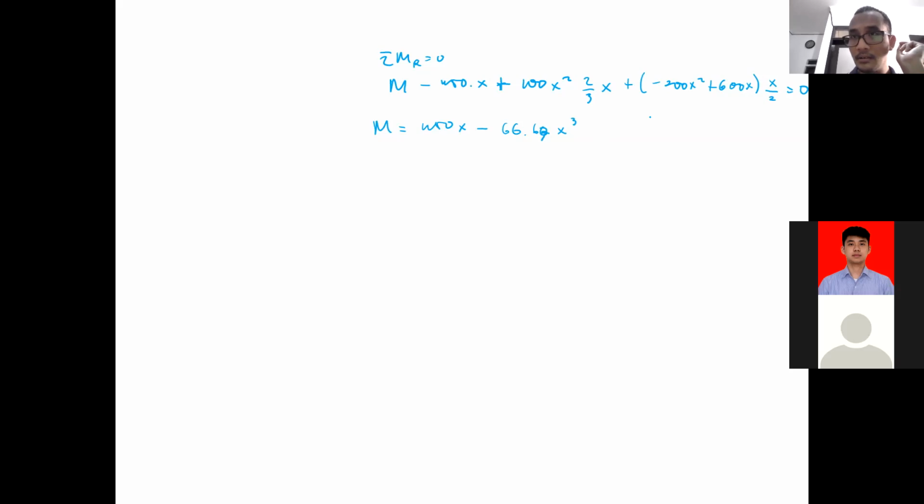Okay, and then minus 100x to the power of 3, and then plus, sorry, this one is supposed to be minus 300x squared. The plus and minus, I think I made a mistake here. For x, okay, this one becomes minus, so that one becomes plus, this one becomes minus.